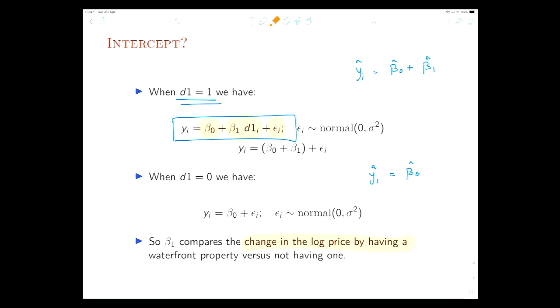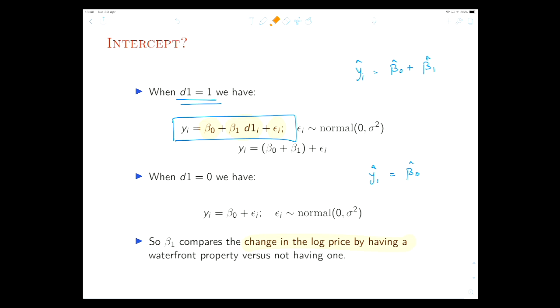In one sense you can think of beta 1 as the value added to the property price because of having a waterfront. Although I'm using the words value added, it could be negative. If the estimate of beta 1 is negative, then it's still an addition, but it's an addition of a negative value. Does everybody get that?